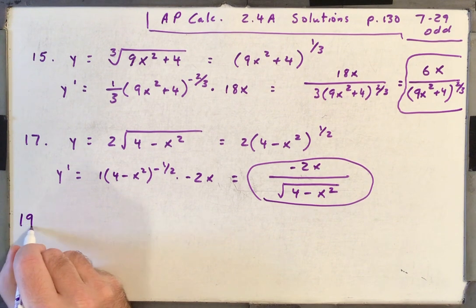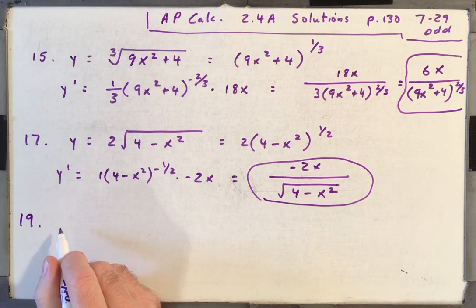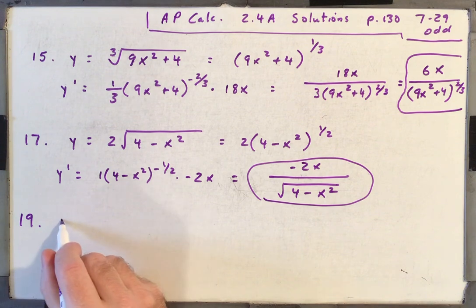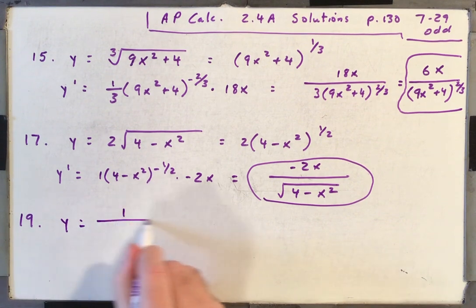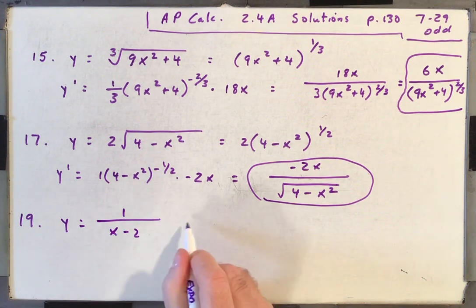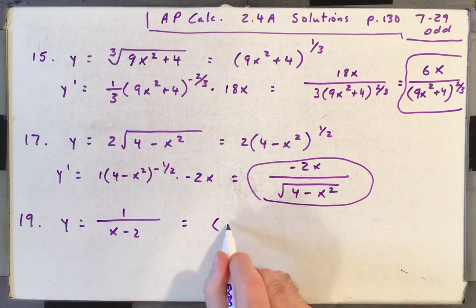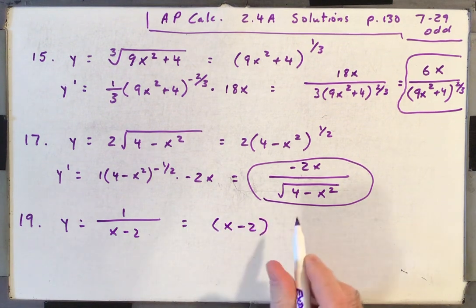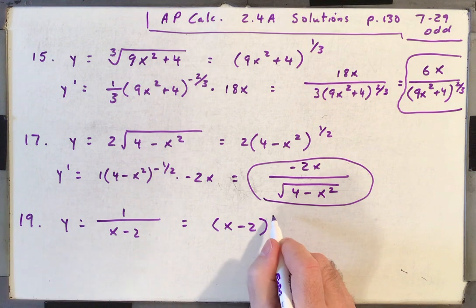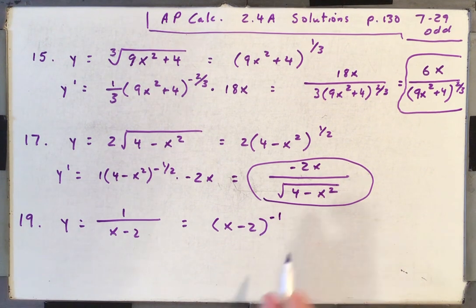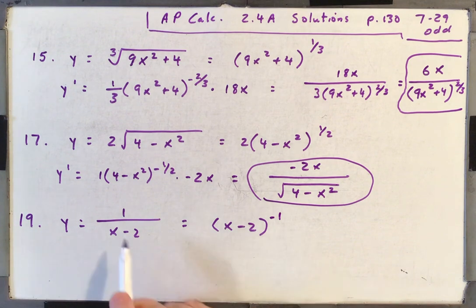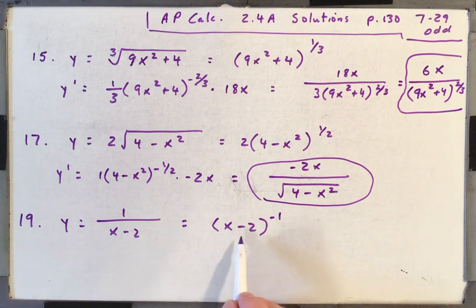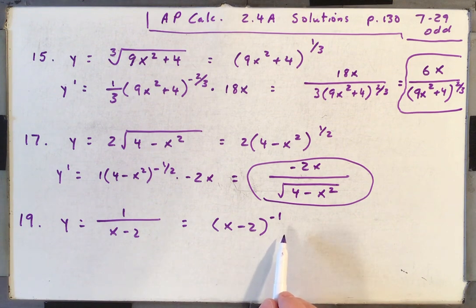All right, 19. We have y is equal to 1 over x minus 2. Well, let's rewrite that as x minus 2 to the negative 1 power. That's the same thing. Now, we could do a quotient rule here, but it's kind of a mess. It's really easier to rewrite like this, and you can do the chain rule.